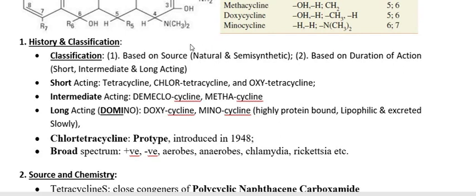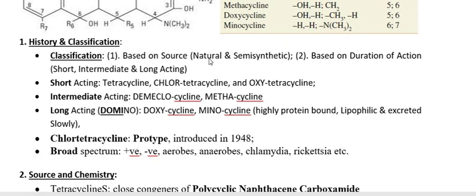Natural means those antibiotics that are naturally isolated from microbes. In these natural ones, we make some structural modification, and as a result we get new antibiotics, which we call semi-synthetic tetracyclines.